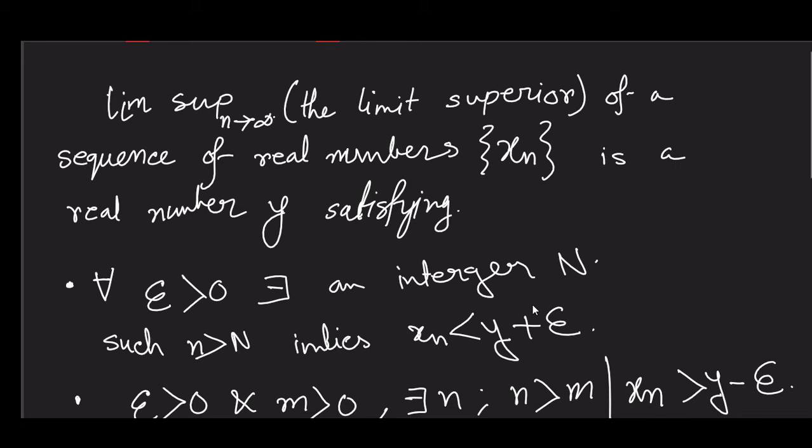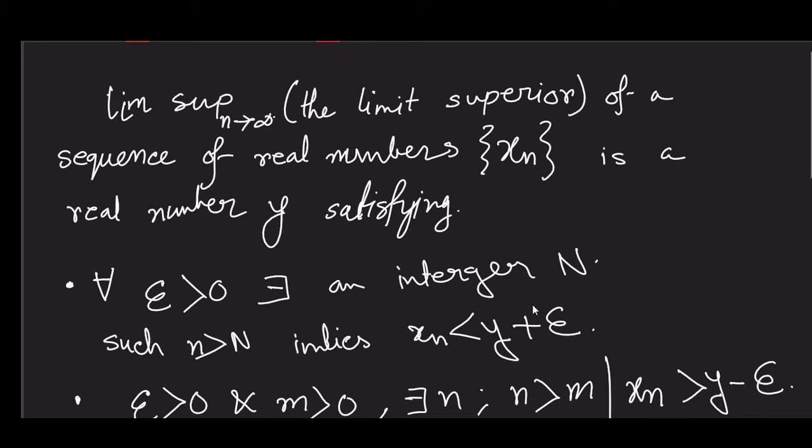Because when you consider a function that is discontinuous and try to apply this concept, you can't get a single value. You will get a sequence of real numbers, as different points will yield different values. So for all those sequences, we are defining a limit superior of a sequence of real numbers.